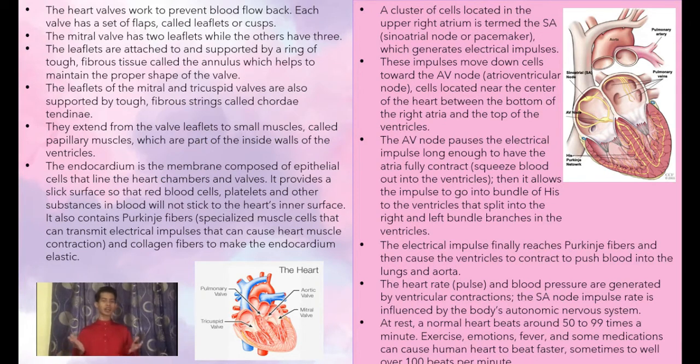Then it will allow the electrical impulses to go to cells called the bundle of His. Finally, it will reach the Purkinje fibers and cause the ventricles to contract. This ventricular contraction will generate heartbeats or pulse and also blood pressure. At rest, a normal person's heart beats around 50 to 99 beats per minute.